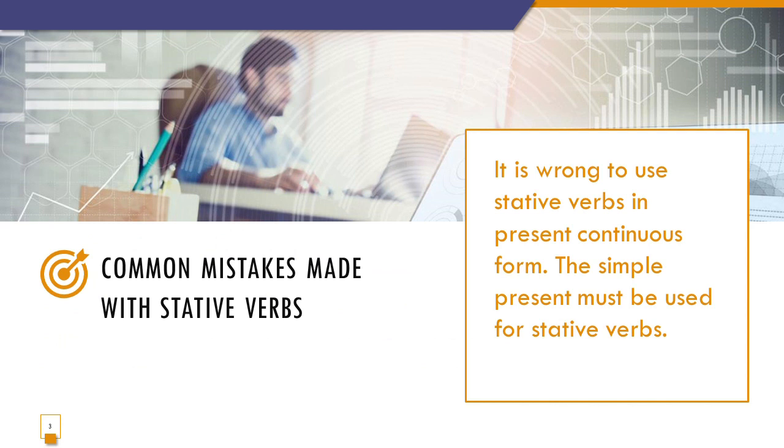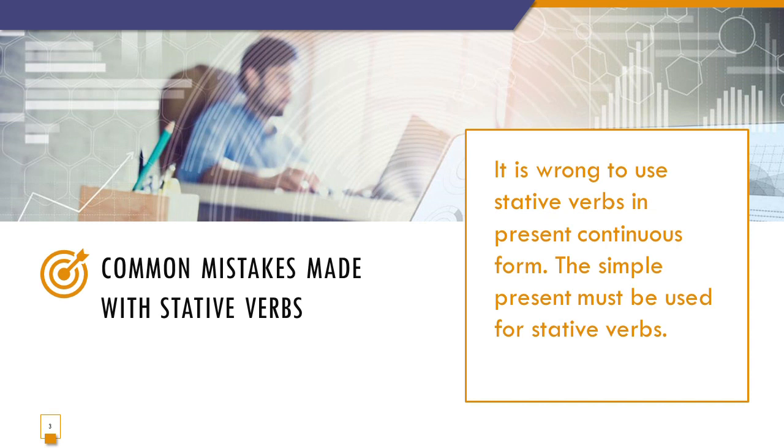So as I told you earlier, the stative verbs are never used in combination with the present continuous form, meaning you use helping verbs am and are plus the suffix ing. Okay, they cannot be used with the present continuous form. It's wrong to use the stative verbs in the present continuous form.